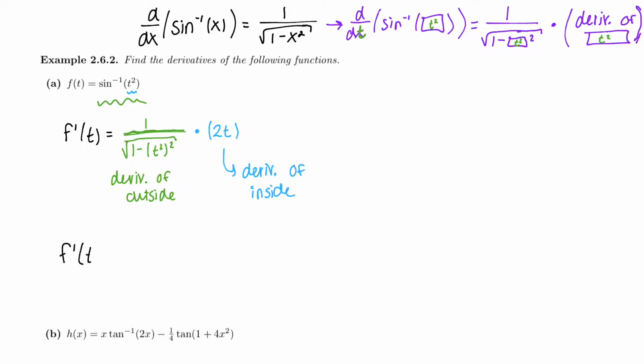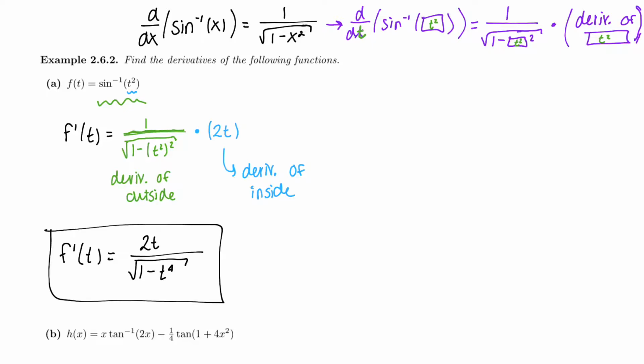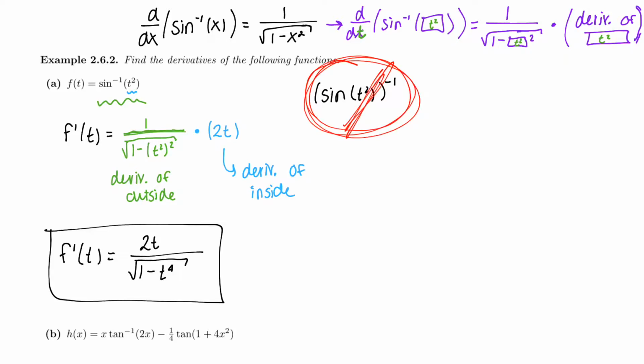Just cleaning that up a tiny bit, you can move that 2t on top, and this could be 1 minus t to the fourth if you wanted to clean it up. Bam. So the key thing here is you're not treating this as if it were sine of t squared raised to the negative 1. You are not doing that.